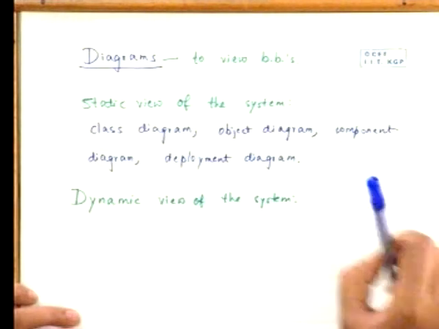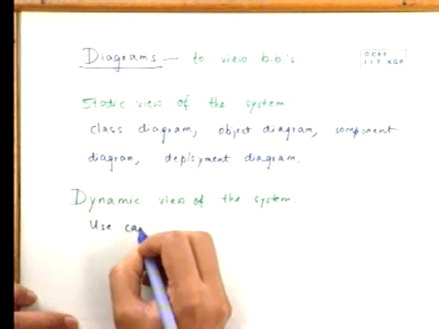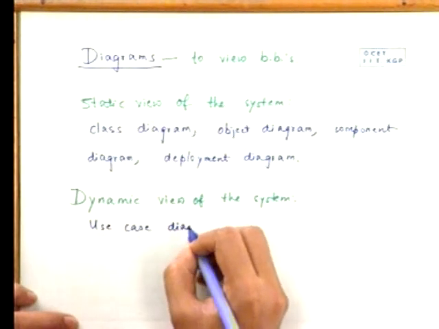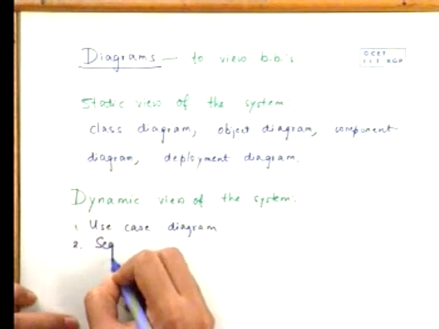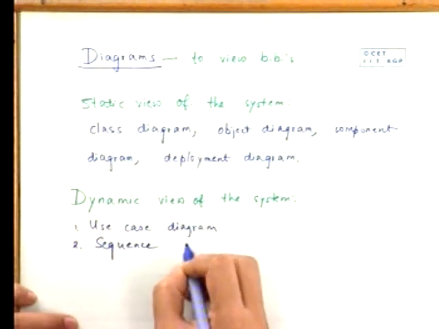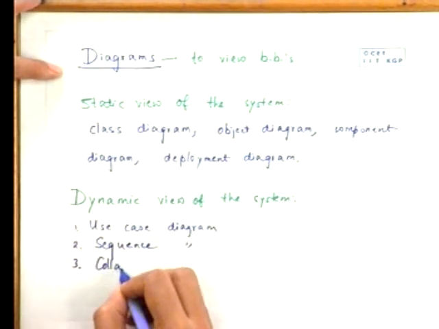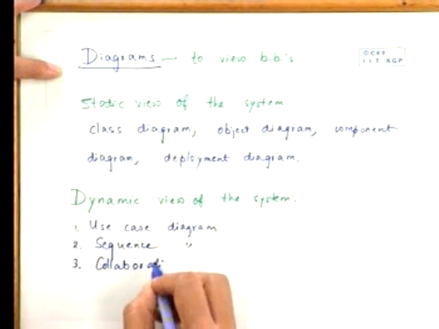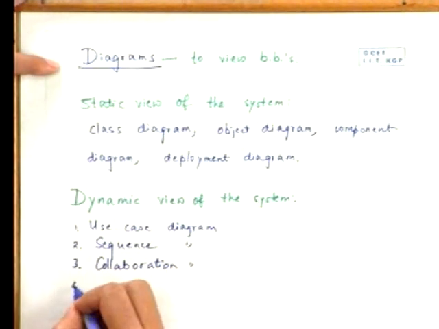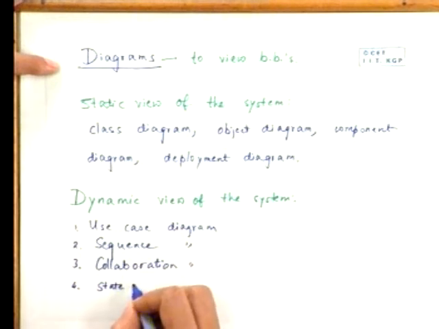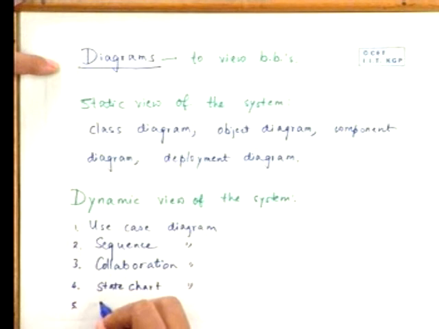The diagrams which provide the dynamic view of the system are use case diagrams, sequence diagram, collaboration diagram, state chart diagram, and activity diagram.